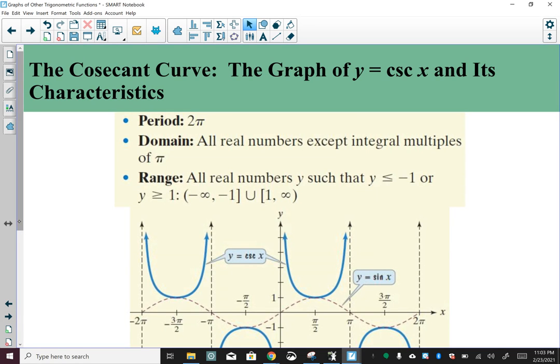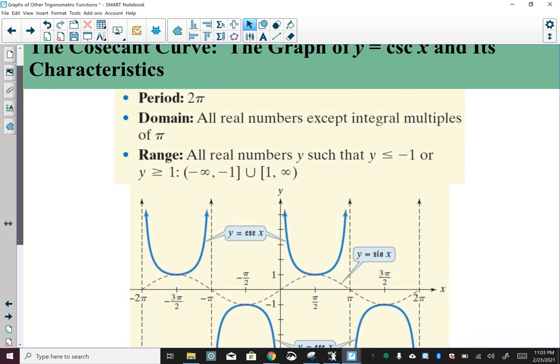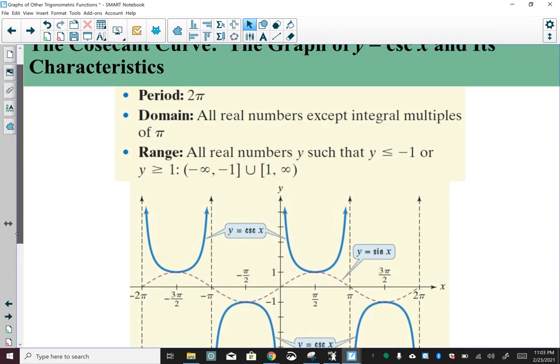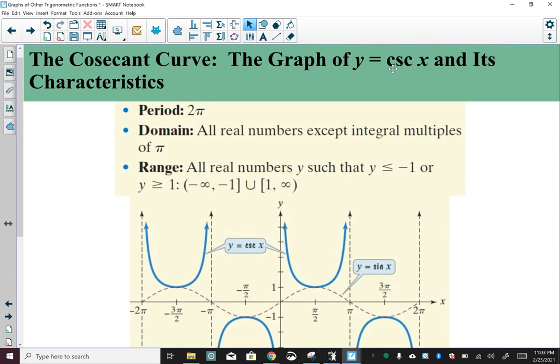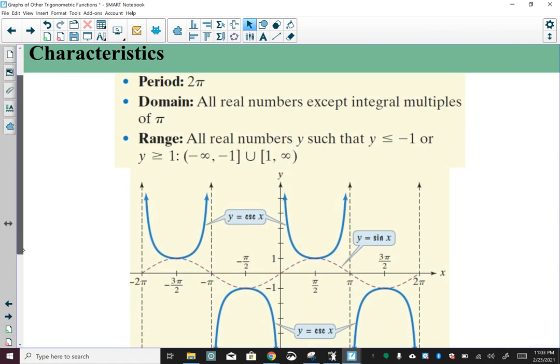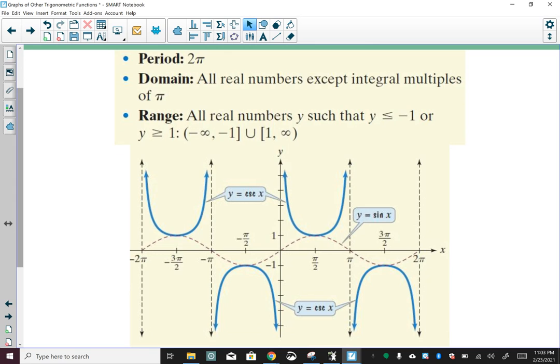Now, here is the weird looking part. When you actually go through these, we're talking about a cosecant graph. The cosecant graph is related to sine. So what you're going to do is draw your sine graph here.